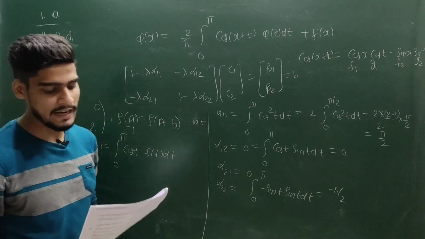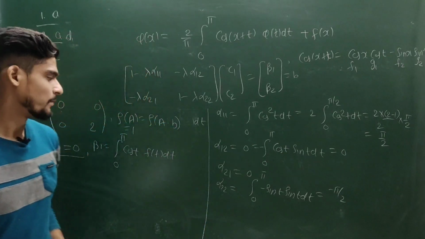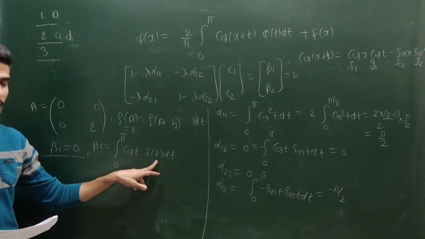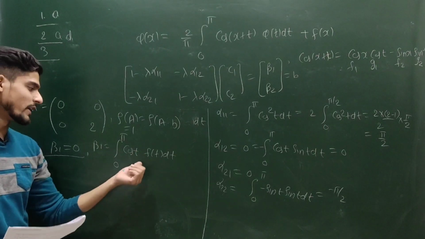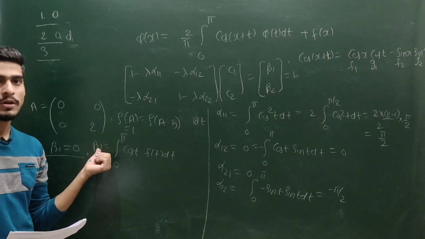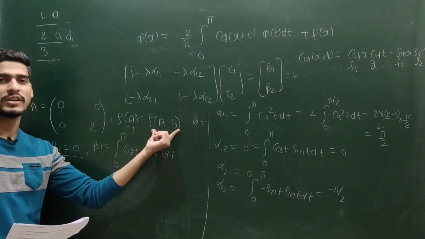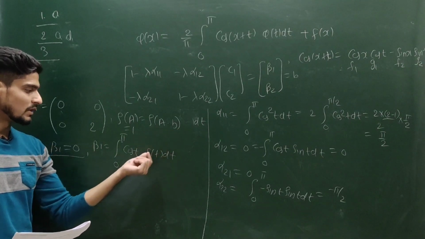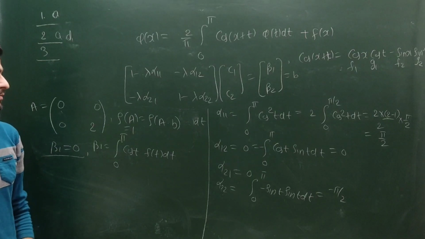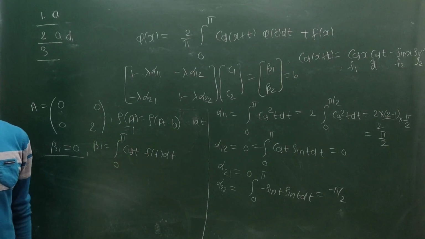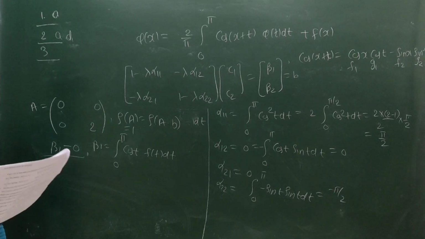If you see option A, f(x) is equal to cos x, then your f(t) will be cos t. So this will be cos square t. And if you integrate, you will not get 0. If this is not 0, rank of the augmented matrix will give you 2. So you cannot choose f(t) to be cos t for infinitely many solutions, because you will get no solution. So option A is not possible.